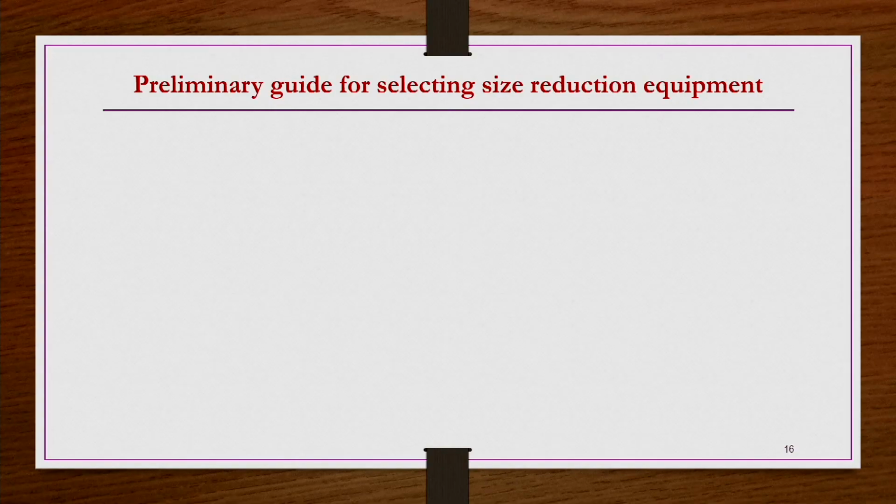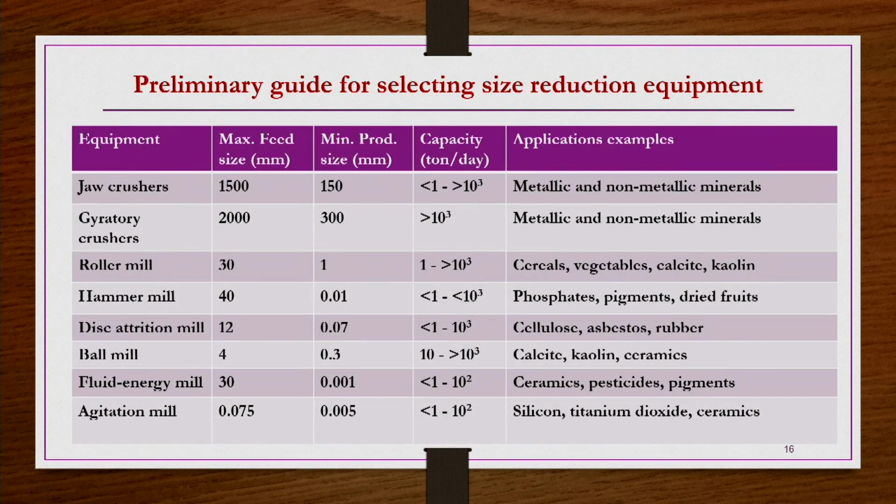Here we have a table which gives details about the name of the equipment, the maximum feed size this equipment can handle, the minimum product size that you can expect from it, the capacity in tons per day, and the applications that you find for this kind of equipment.